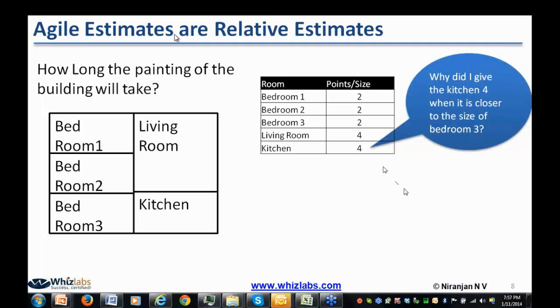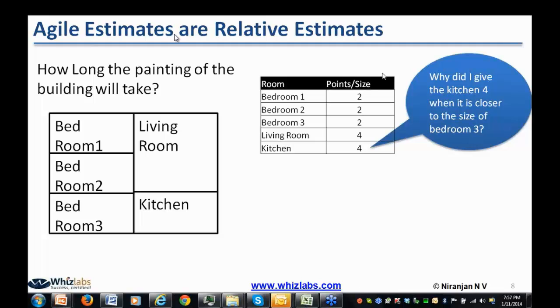Ajay says it needs additional coating. Mike says complexity and unknowns. Okay, good, you started thinking and giving some useful answers.